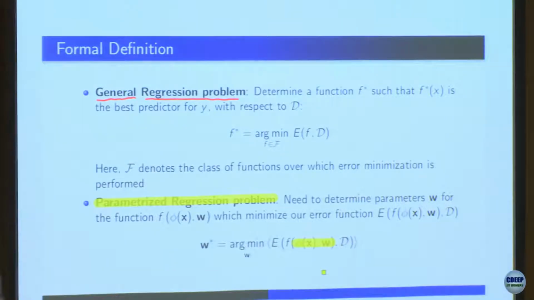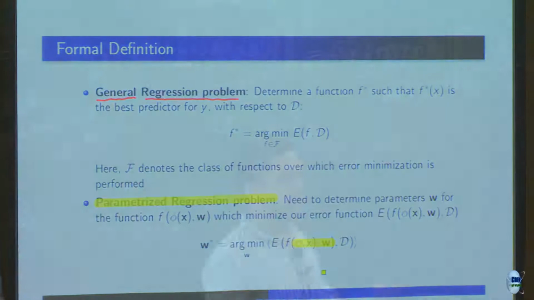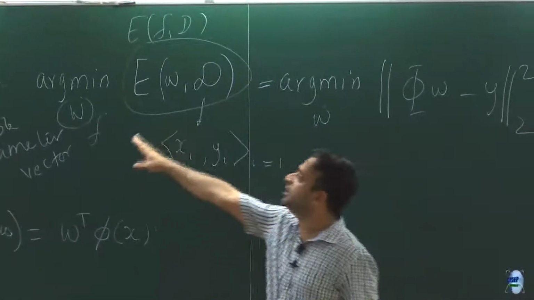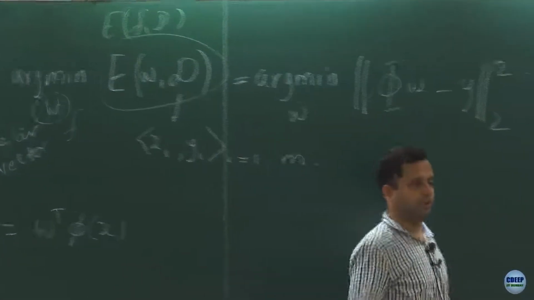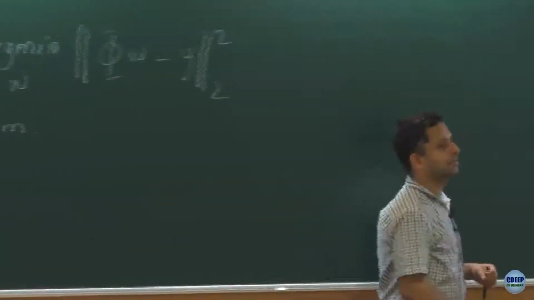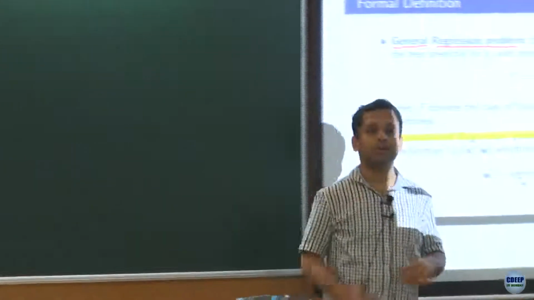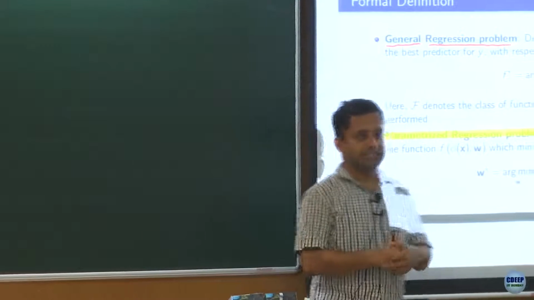In general, this f could be all polynomials. I mean, it could be anything. In fact, you could say all function classes or the entire space of functions. Here we're saying only linear functions, and this is one way you put a constraint. You are optimizing over the parameter space of that constrained space of functions.